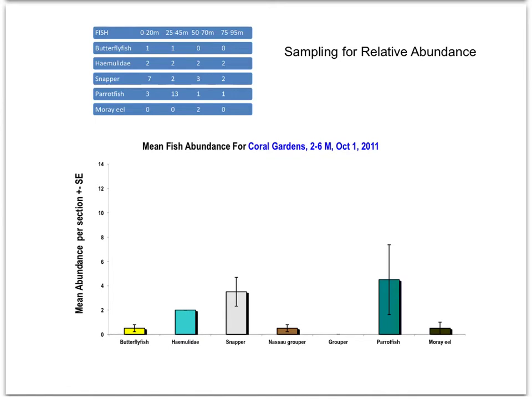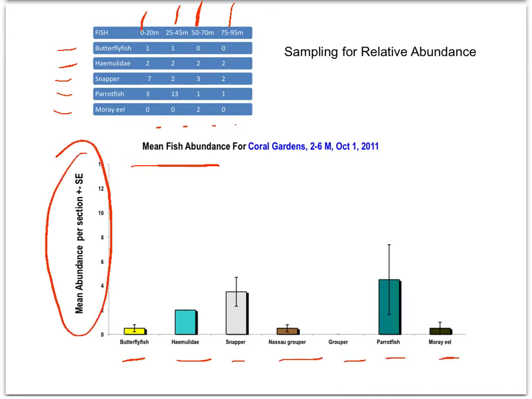And we end up getting data that looks like this. There are certain indicator species that we look for, like butterfly fishes, grunts, snappers, parrotfish, and moray eels. These are the four different sections that we sample with the 5-meter spaces in between. Then we have numbers of individuals within each of those sections. And then we calculate the mean fish abundance for each particular type of fish down along the bottom, and graph that mean together with a measure of variation like we always need to do.